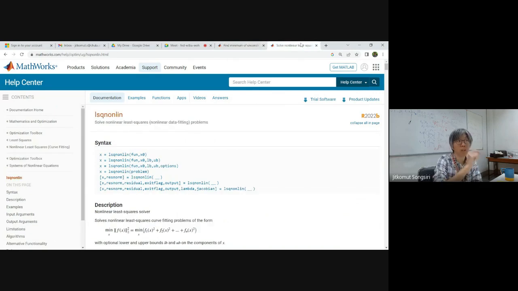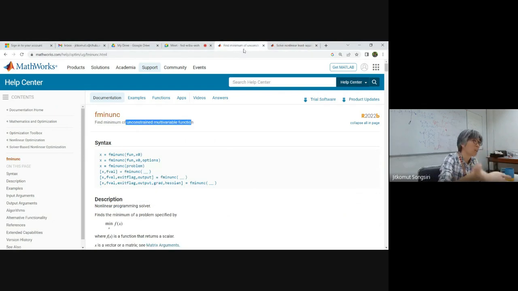But because you already know it's nonlinear least square, you can also use a command like lsqnonlin. But the way you put the problem description is different, because for this one you want to minimize f(x), just give me the f(x).